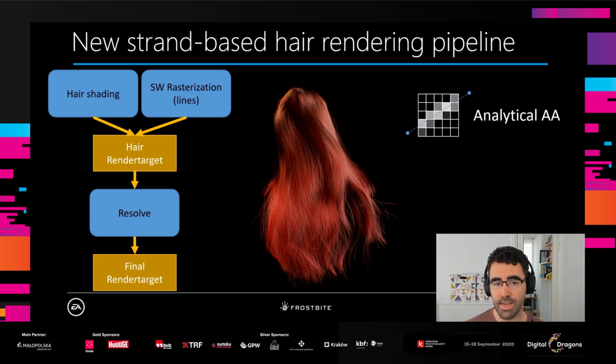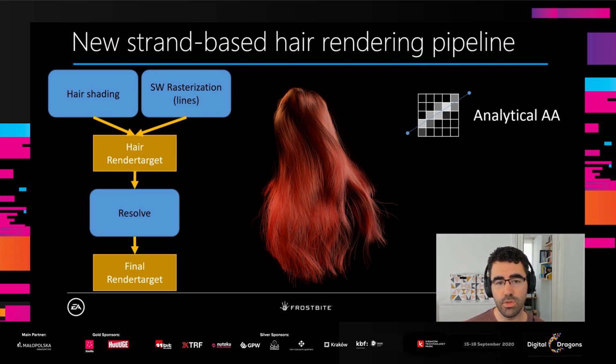Having properly anti-aliased input data removes a lot of noise from the final image. But having the anti-aliased strands wouldn't really work without the ability to then properly compose them. And this is where our second feature comes into play. Because we're using a compute-based software rasterizer, we cannot rely on the hardware to blend our hair fragments together into the final image. And so we are forced to implement a custom blending strategy.